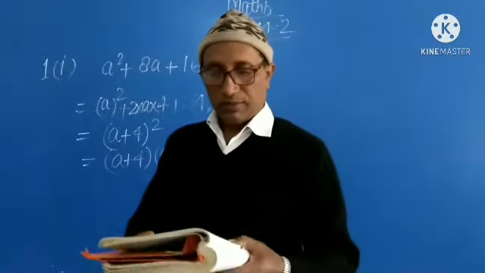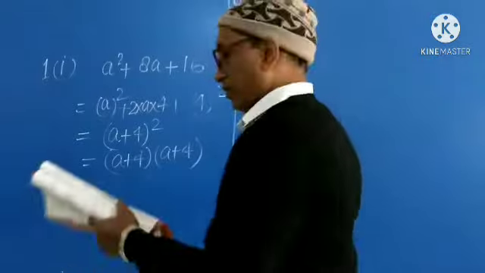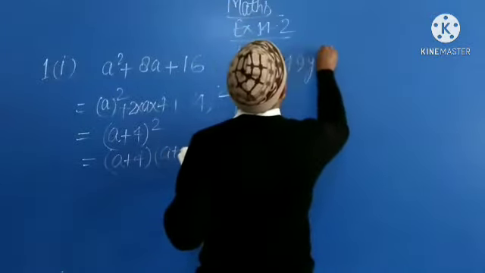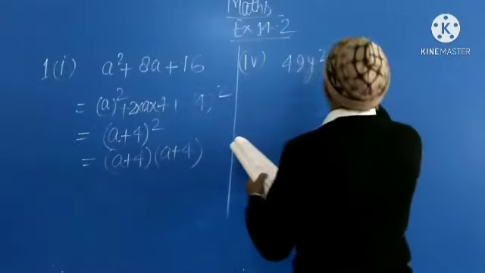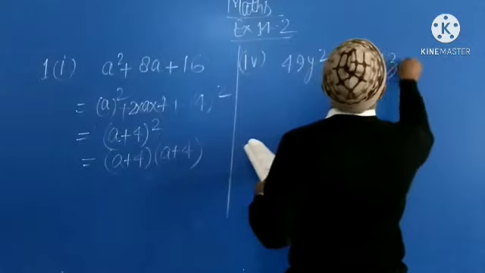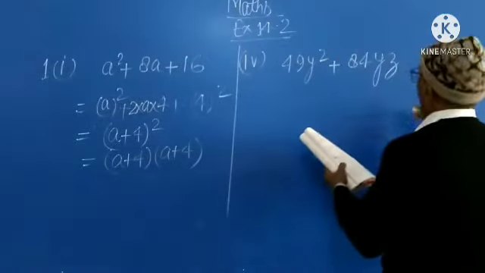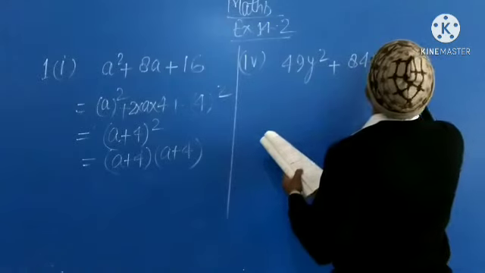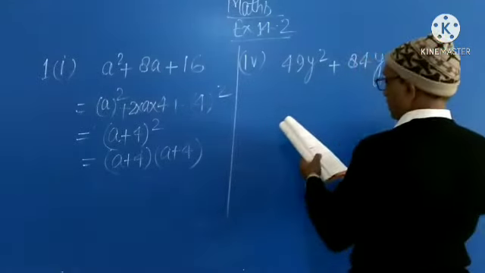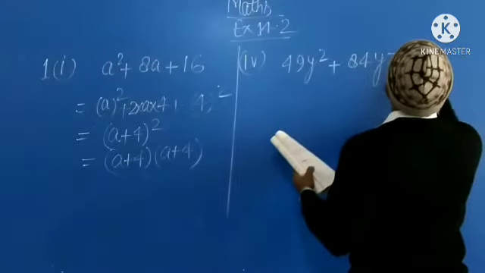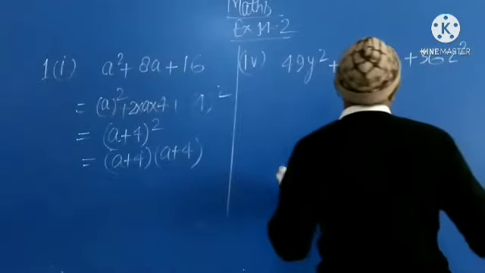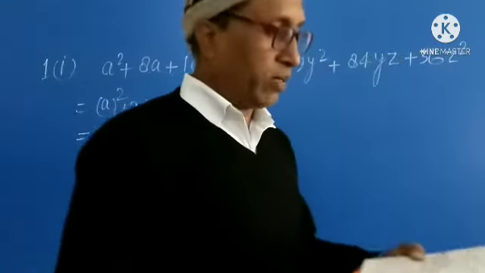Okay. Fourth part is 49y square plus 84yz plus 36z square.